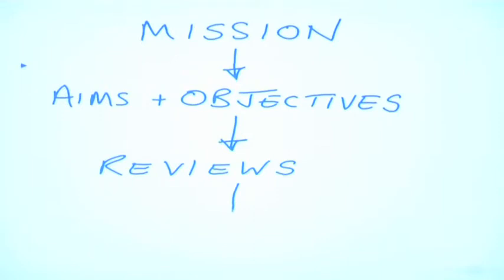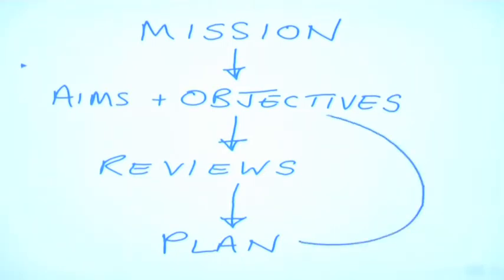After the review, we come up with a plan or some ideas of a plan. So we've been through 4 stages to get to a plan. And hang on a minute, does that plan relate back to the objectives? So we have a look, does it relate back?